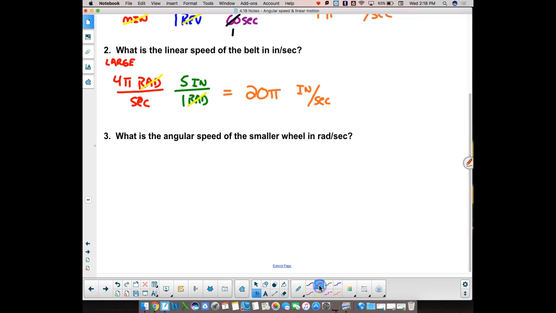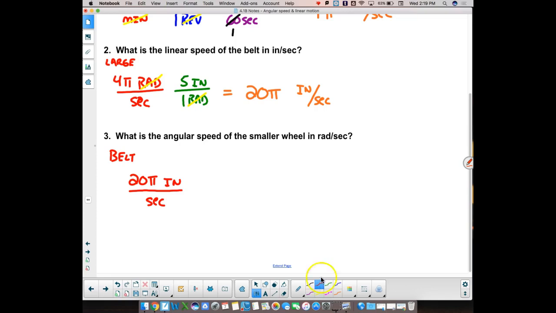Well, I know that the belt is traveling at 20 pi inches per second, and because both wheels are connected by the belt, both wheels are traveling at 20 pi inches per second. Okay? So we need the radius of the smaller wheel.